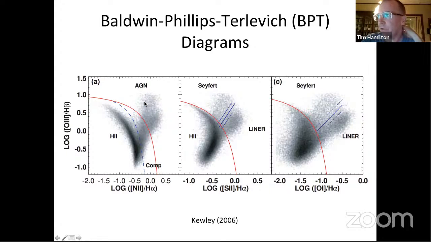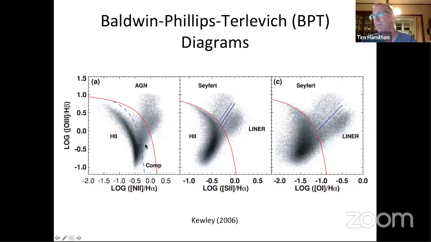Active galaxies are in this branch in the upper right. H2 region galaxies form this curve here at lower left. And what you have is composites that have a bit of each are in between these two lines here.